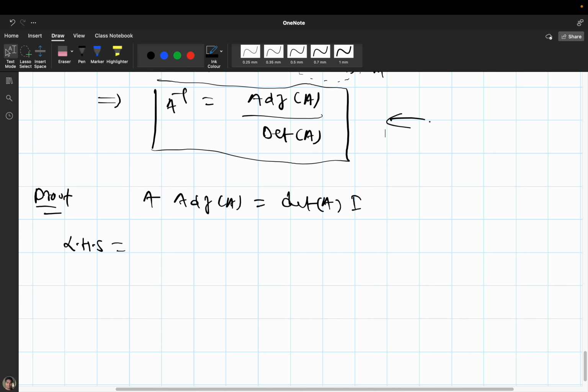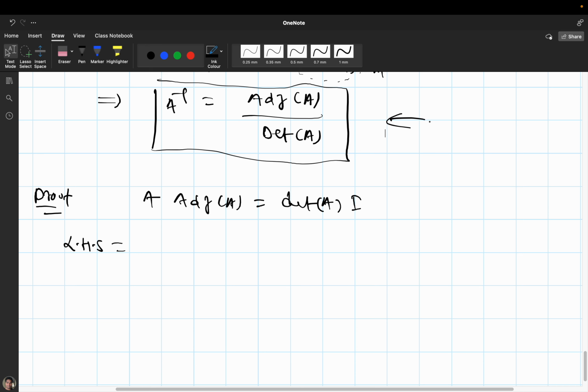A can be any kind of square matrix. Why would I take only a 2 by 2 matrix? If you prove it for 2 by 2, it is proven only for 2 by 2. It is for simplification; we can take any square matrix.